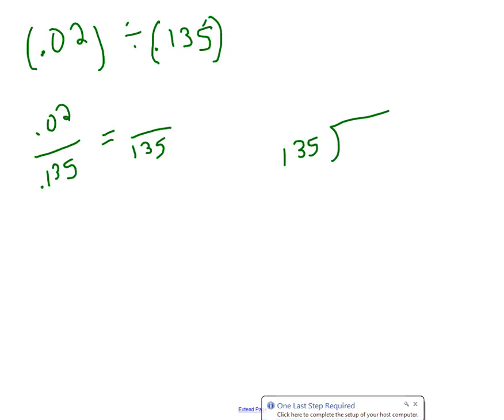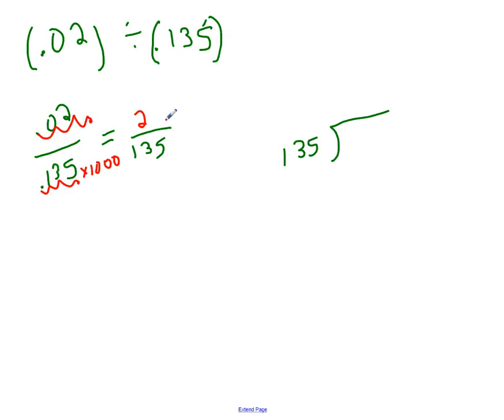Well, I have to multiply by 1,000, right? That's 135 thousandths. So 1, 2, 3, that's times 1,000. So the decimal place is over here. I need a 0 as a placeholder here. It's 20 divided by 135.